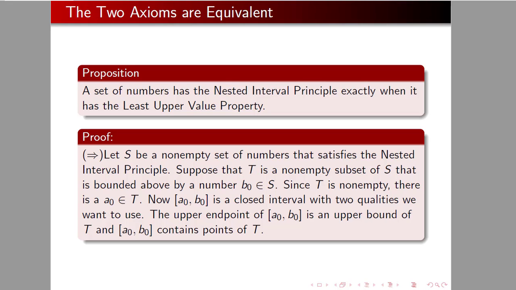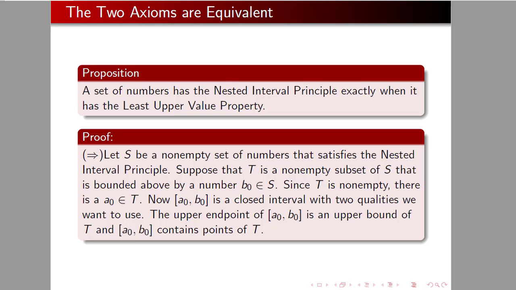So we have two axioms, and what we want to show is that they're equivalent to each other: that whenever we have a system that has one of these axioms, we can use the other just as well.